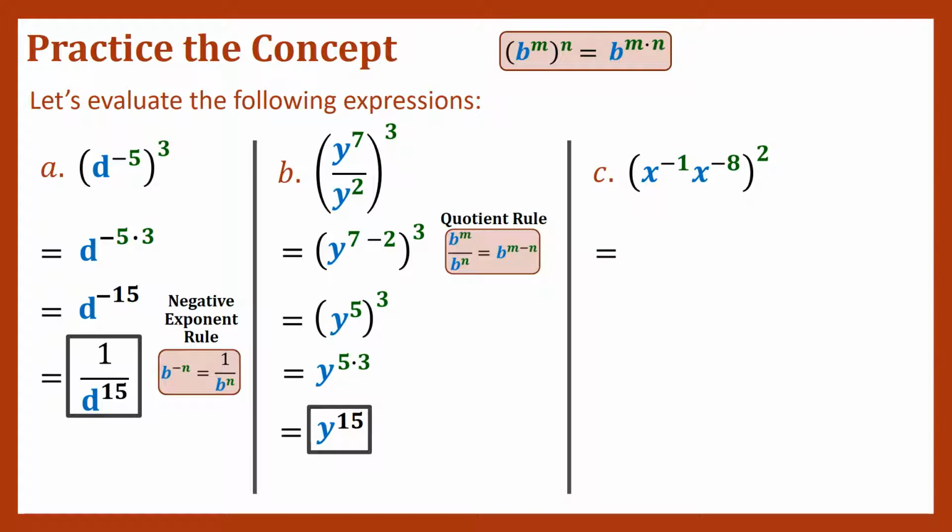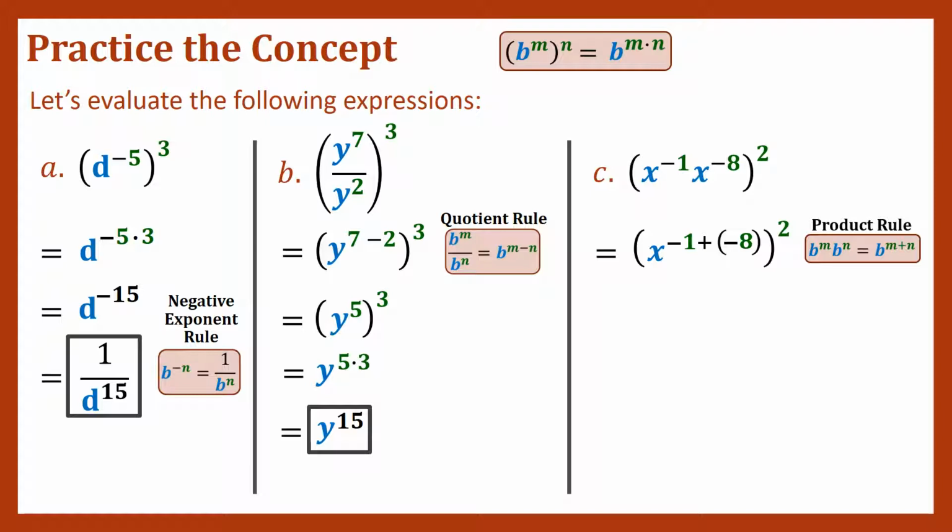This is then equal to, within the parentheses, x raised to the power of negative 1 plus negative 8. Note, we obtain this expression using the product rule for exponents. If you're unfamiliar with the product rule, please review the video titled The Product Rule for Exponents.